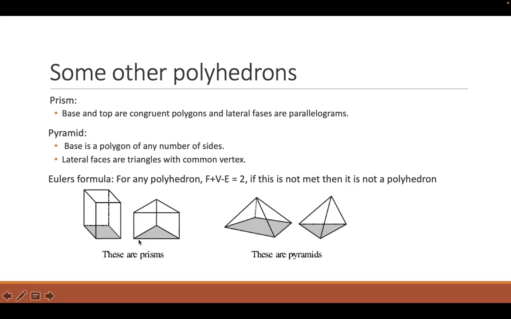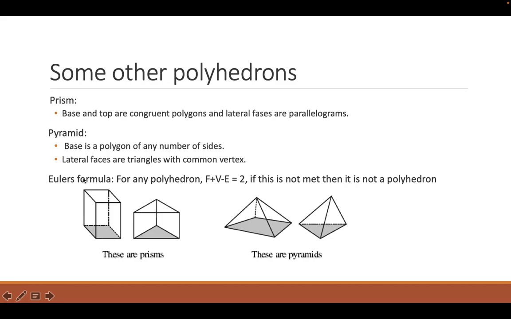This is an example of a prism. Pyramid: base is a polygon of any number of sides, could be 3 or 4. Lateral faces are triangles with a common vertex, so that's called a pyramid.